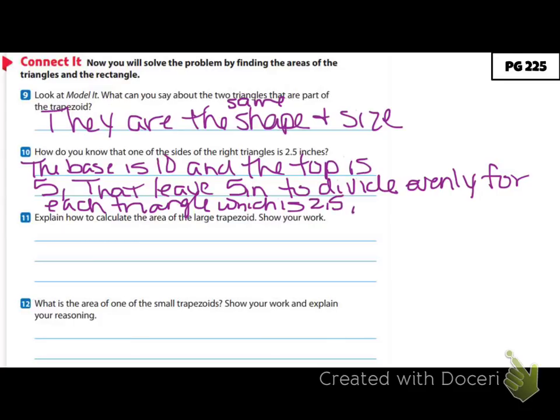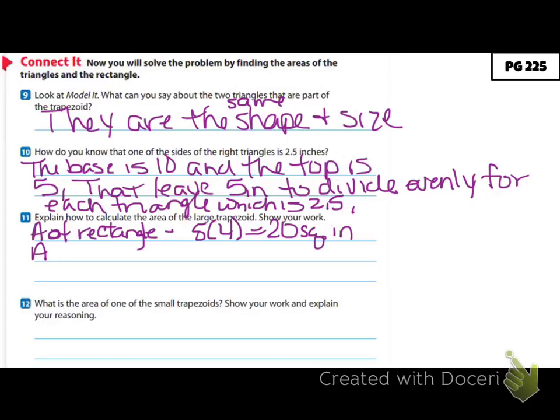Number 11, explain how to calculate the area of the large trapezoid. Show your work. So we have our area of the rectangle. So we would do 5 times 4 equals 20 square inches.